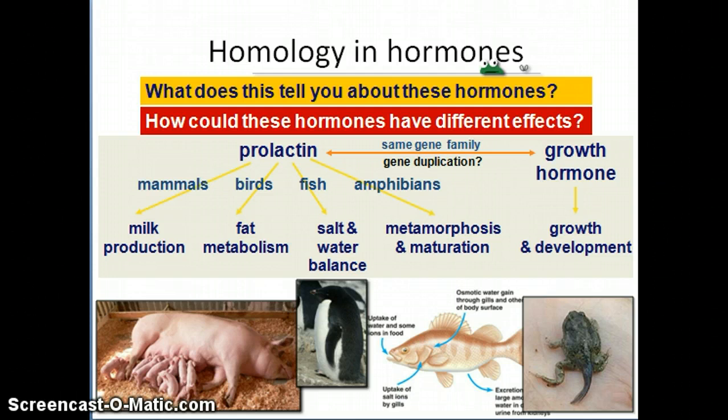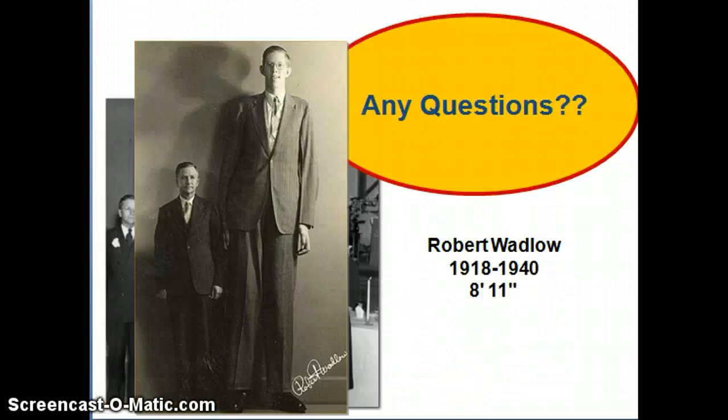But that is it for now. This is the final picture. Here is an example of this man who grew to be 8 feet 11 inches. He had a very short lifespan, but he had a condition called gigantism, which was a result of too much growth hormone.